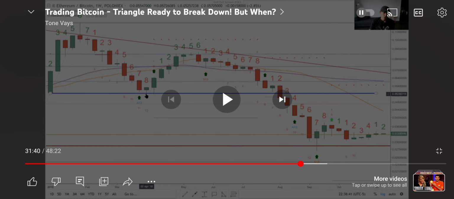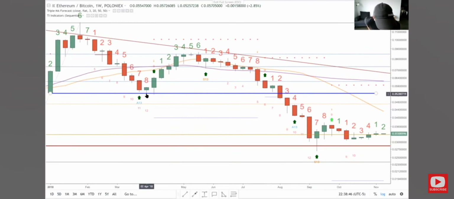So this is just a little example of Tone Vays back in the day, going over his TD sequential, to short Ethereum at yearly lows in April of 2022. And the reason was because we were coming up on a weekly 9, which I would have said is a buying opportunity.